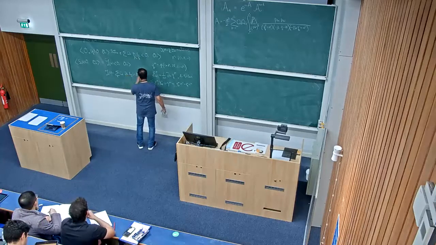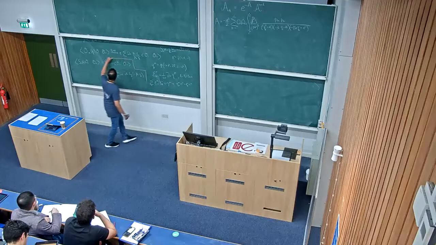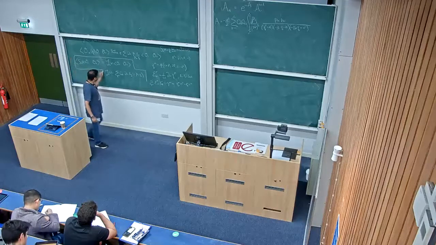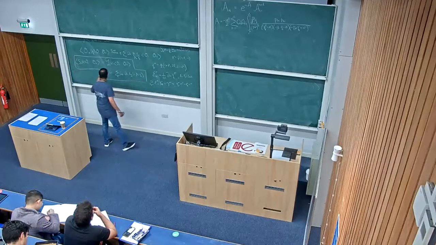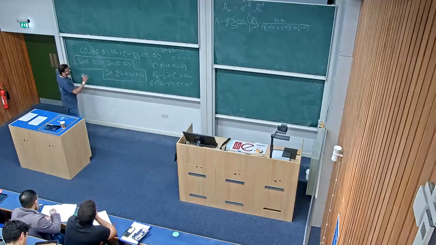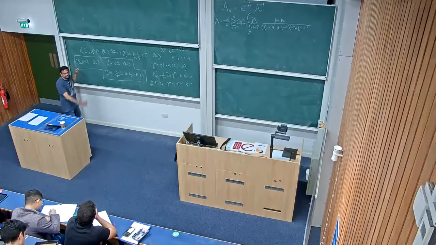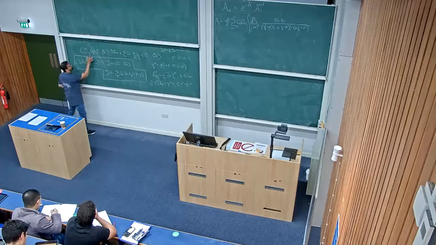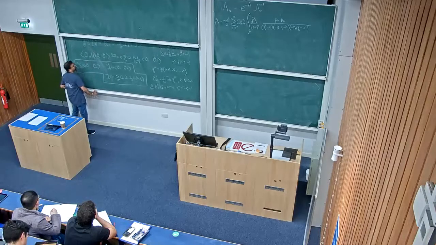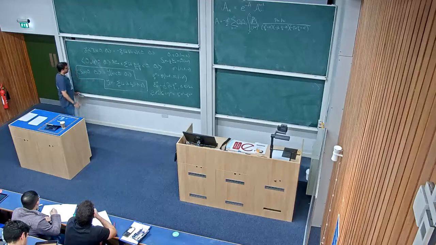So this is the structure of the soft theorem that I'm going to use, and now my goal is to do something to this equation. You see this side is more or less already of this form. It looks very similar.